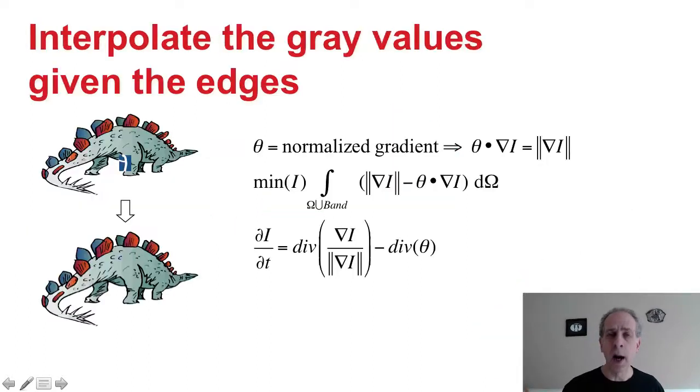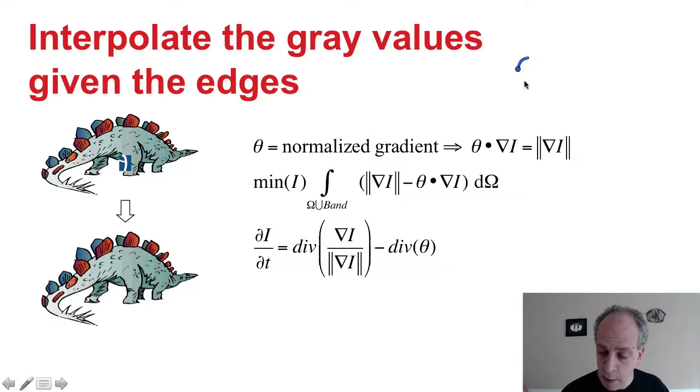Now, let us start by assuming that somebody came and already told us the boundaries. Somebody basically said, hey, I don't really know what's happening there, but here are the boundaries, I'm going to extend them for you. And it has given us the normalized gradient at every single pixel inside the region that we need to inpaint.